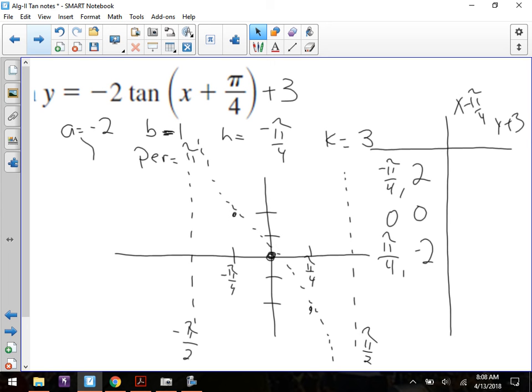Asymptotes are at x equals negative pi over 2 and x equals pi over 2. That way you remember, you don't forget to shift those as well. Okay. So you're still writing out 5 things. It just happens to be just 3 ordered pairs and 2 asymptotes. 3 ordered pairs, 2 asymptotes, and a shifted tangent function.